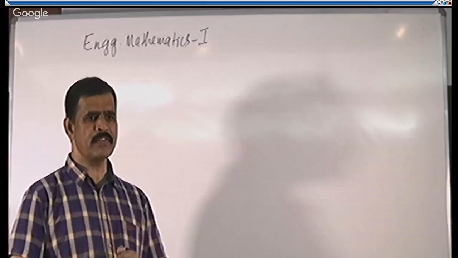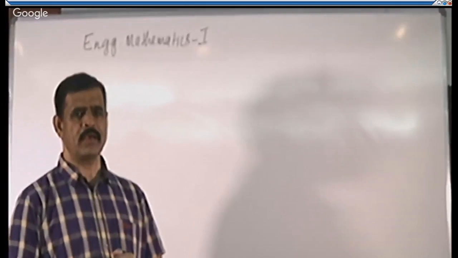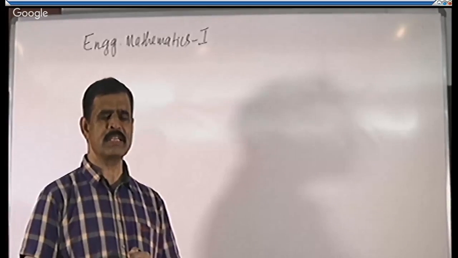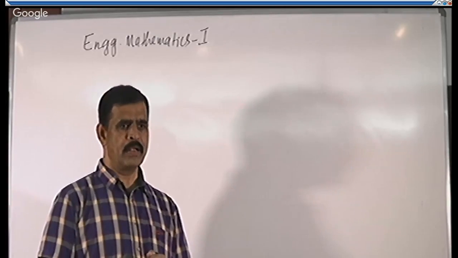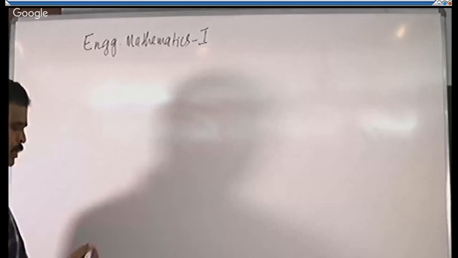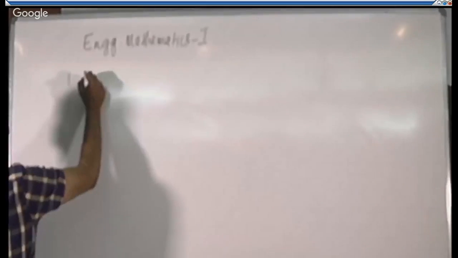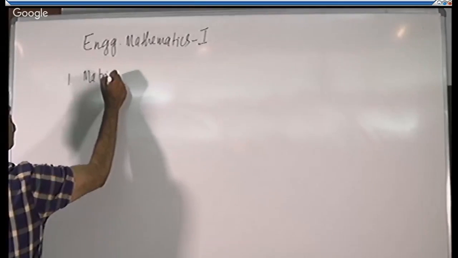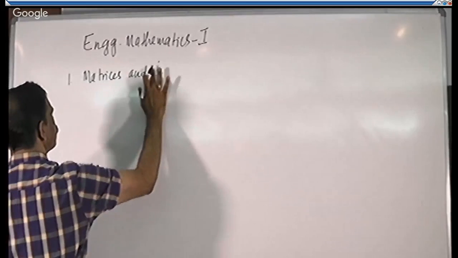So in the first semester, we have 6 chapters in engineering mathematics 1. The first chapter, the first unit, is matrices and determinants.